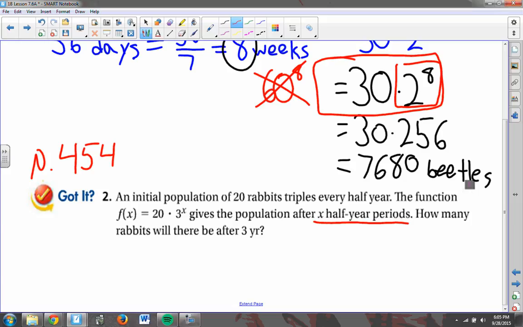So in 3 years, hopefully you can figure out that there are 6 half years. So the number that they want you to put in for x there is 6. So go ahead and do that. Evaluate this function here when x is 6 half-year periods. And then once you've mastered that problem, the art of plugging in and solving on your calculator that exponential function, you are ready for your practice problem set.